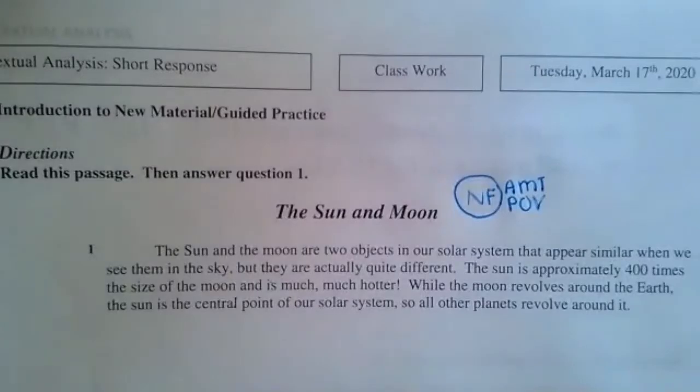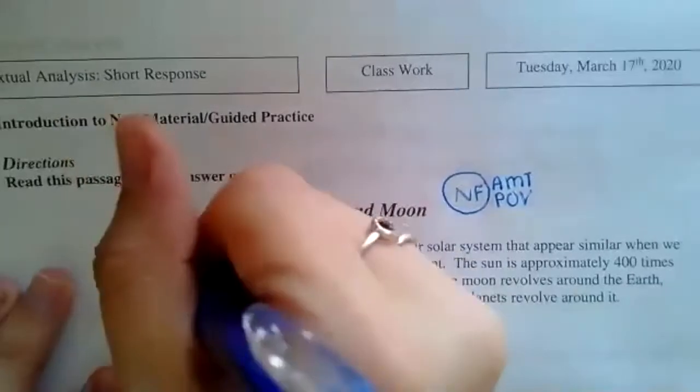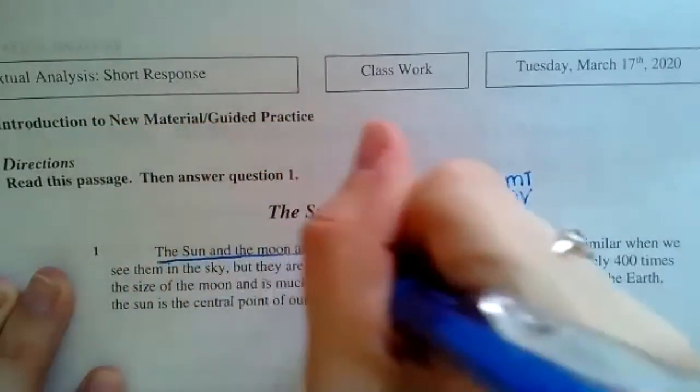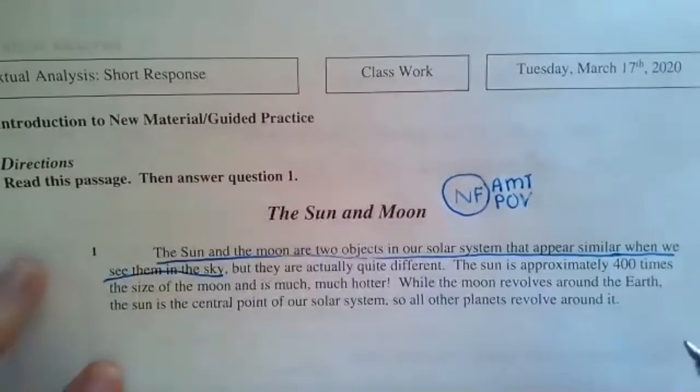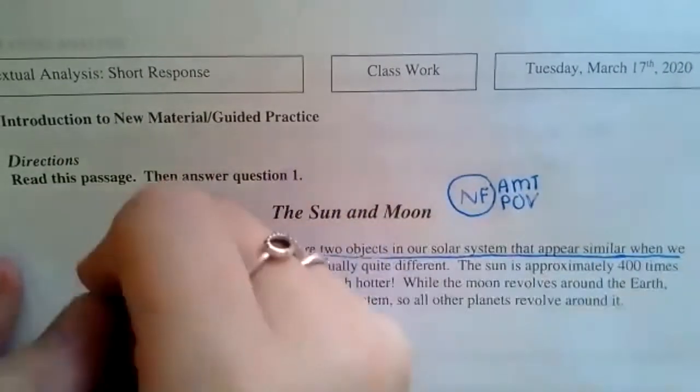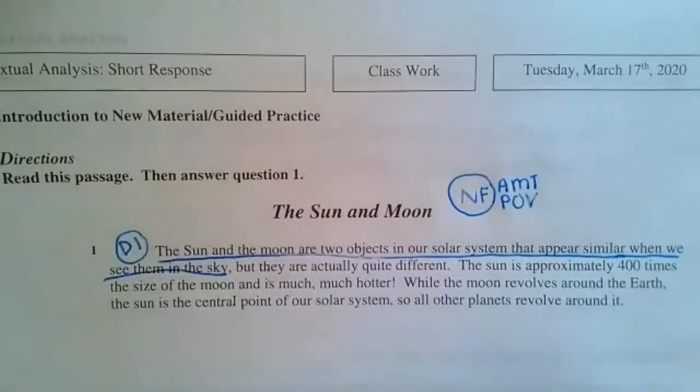I'm going to bring it back to my paper. When I went back to my text, there's really only one sentence that is for compare. The first sentence, the sun and the moon are two objects in our solar system that appear similar when we see them in the sky. That is the only sentence that works for compare. So I'm going to say D1 for detail 1 and circle it there.